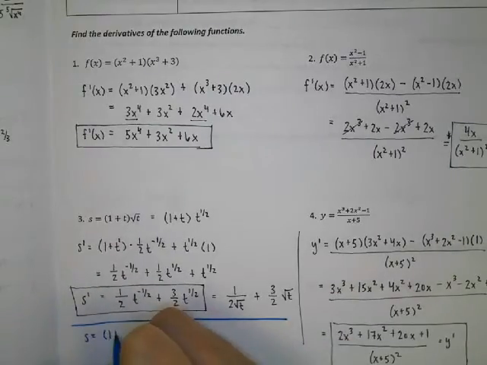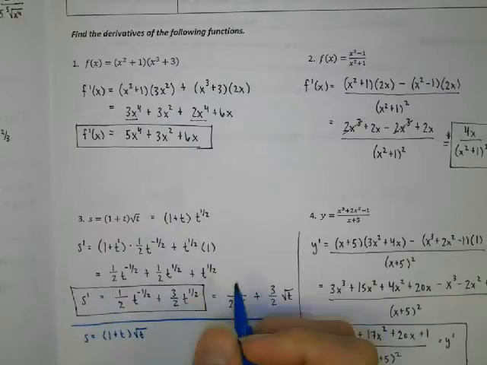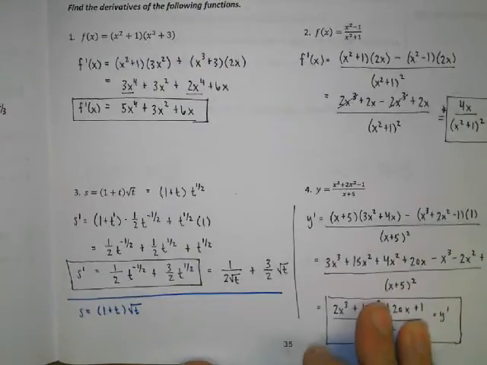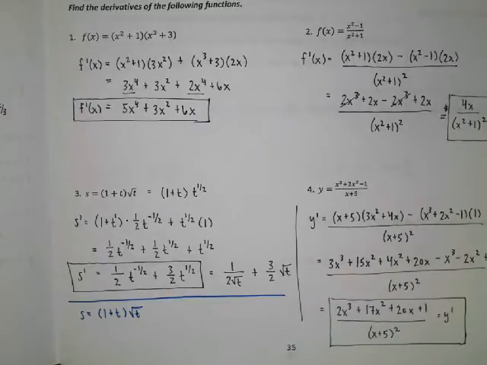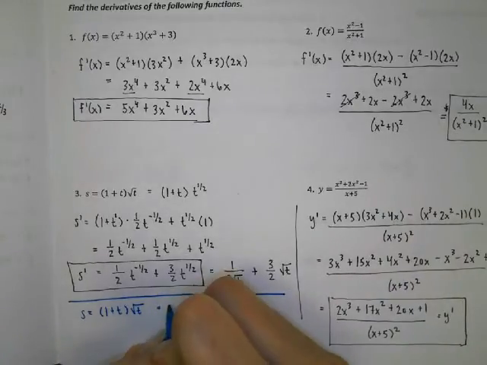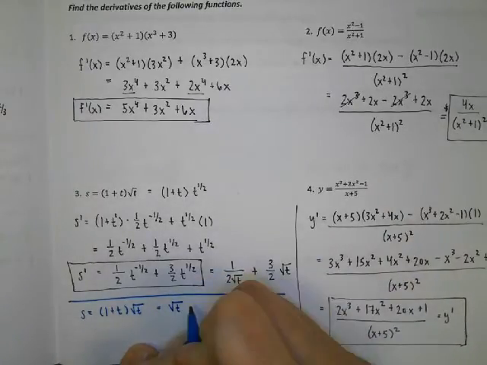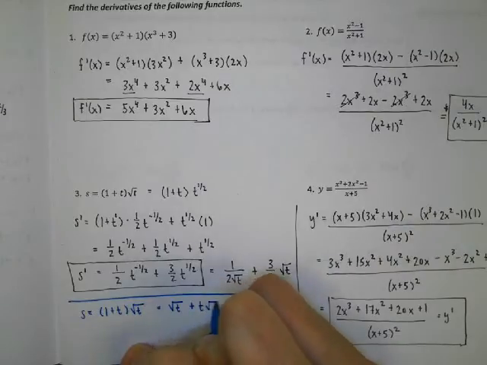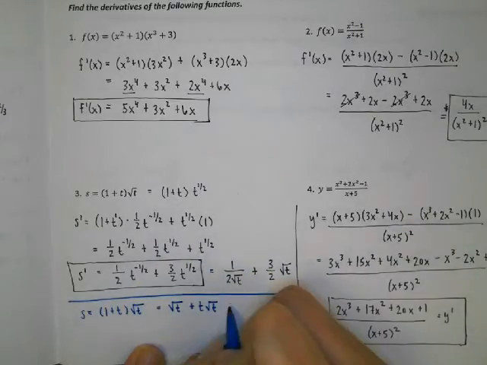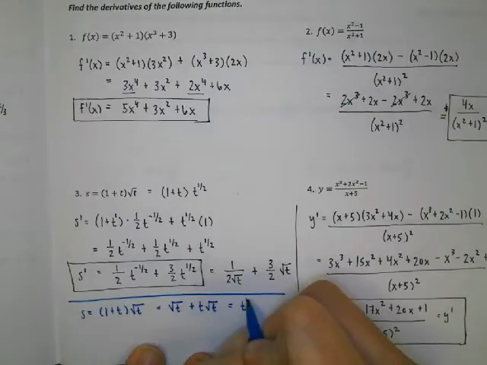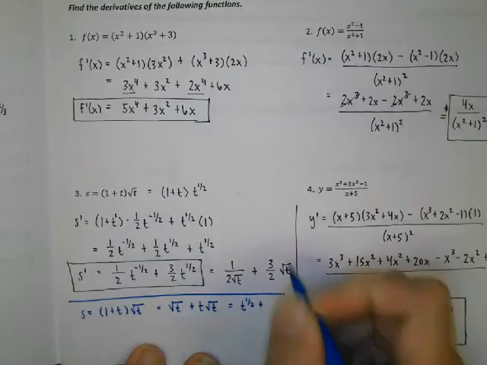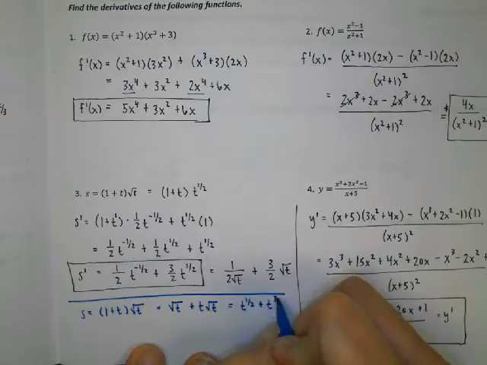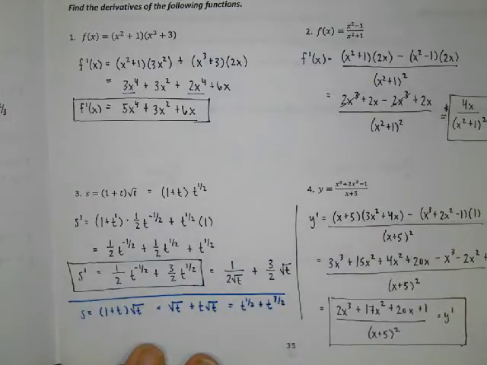So I'm going to take that same function, 1 plus t times the square root of t, but this time before I differentiate, I'm going to go ahead and distribute that square root of t. So now I get square root of t plus t root t, which is the same thing as t to the 1/2 plus t to the 3/2.